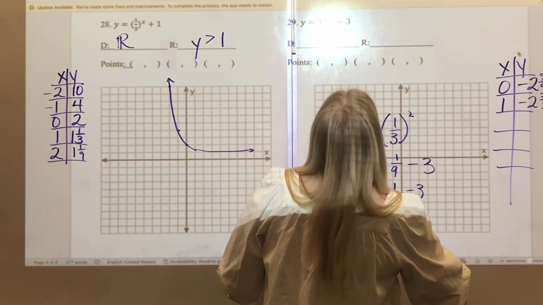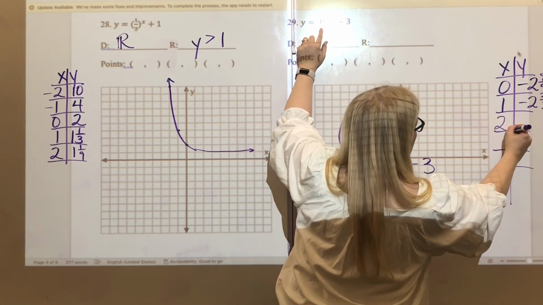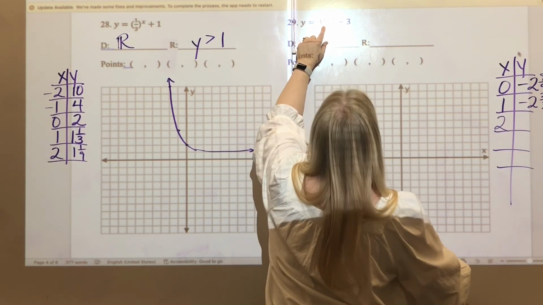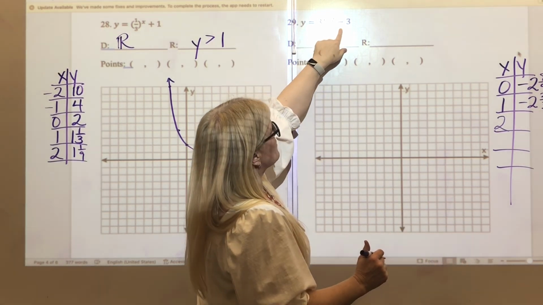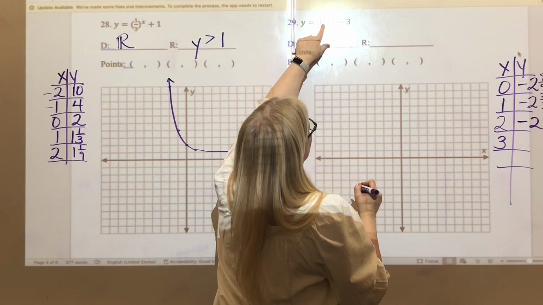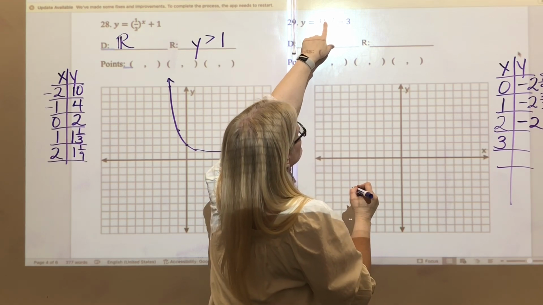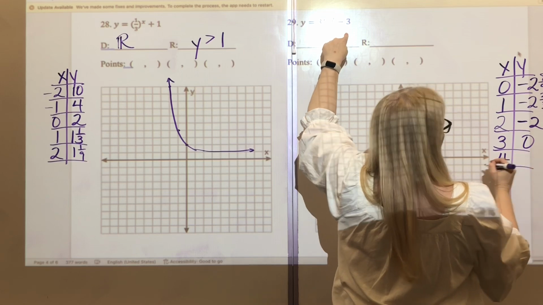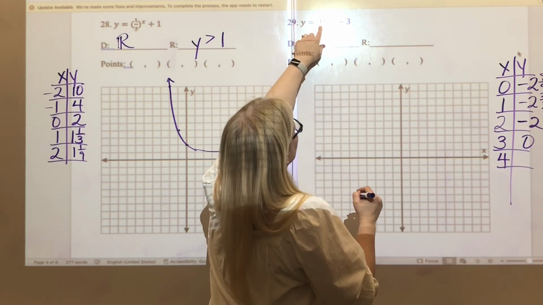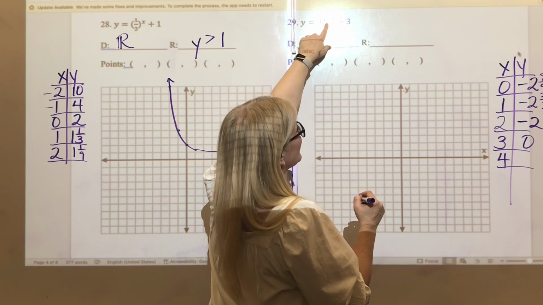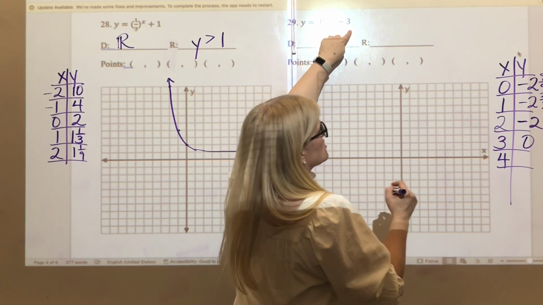If I plug in 2, I get 3 to the 0 power, which is 1. 1 minus 3 is negative 2. If I plug in 3, I get 3 to the 1st, which is 3. 3 minus 3 is 0. We'll do another one. 3 squared, so 4 minus 2 is 2. 3 squared is 9. 9 minus 3 is 6.